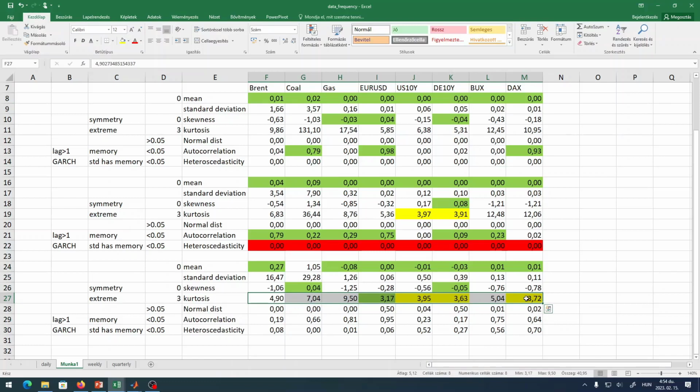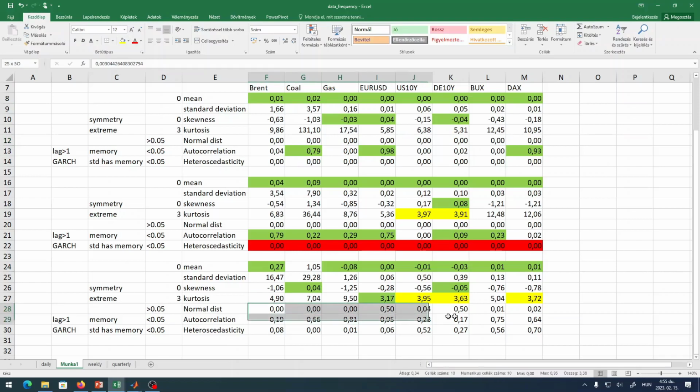So if we don't have extreme values at the previous levels, then any regression will have a higher chance to provide significant results. So this is how we can play with the p-values in regressions, by lowering the frequency, and that's why, artificially eliminating some of the extreme values.